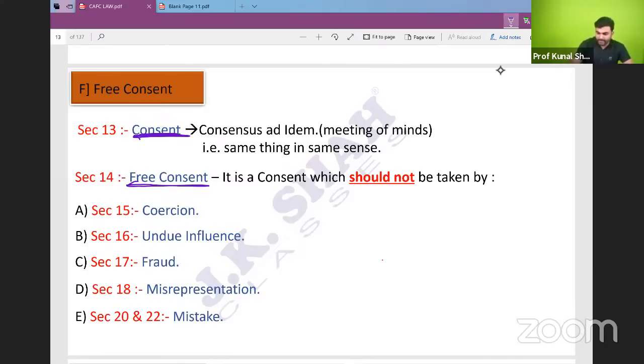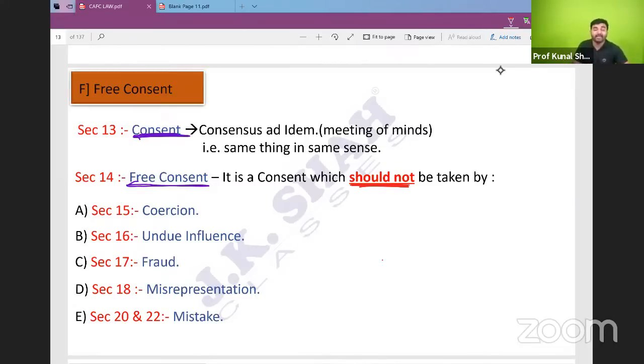Section number 14 says free consent is a consent which shall not be taken either out of coercion, undue influence, fraud, misrepresentation, or mistake.